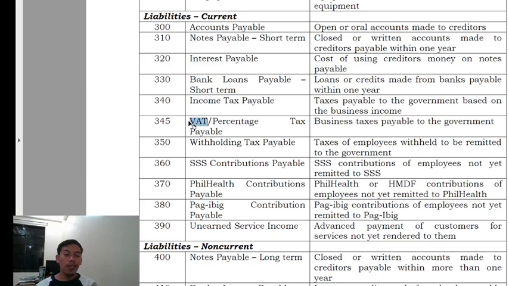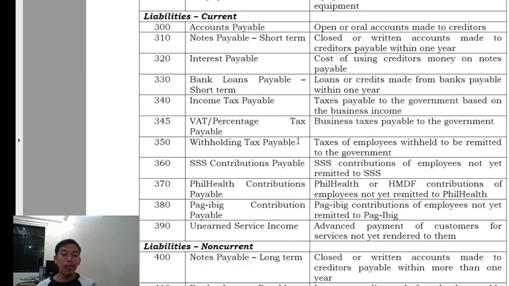So, at the end of the year or at the end of the month, magre-remit sila ng value-added tax kasi yung value-added tax, kinokollect nila yun sa atin na consumer. Babayaran nila yan sa gobyerno. Kung hindi ka man VAT taxpayer, percentage taxpayer ka, lahat yan business taxes na binabayaran po sa gobyerno.